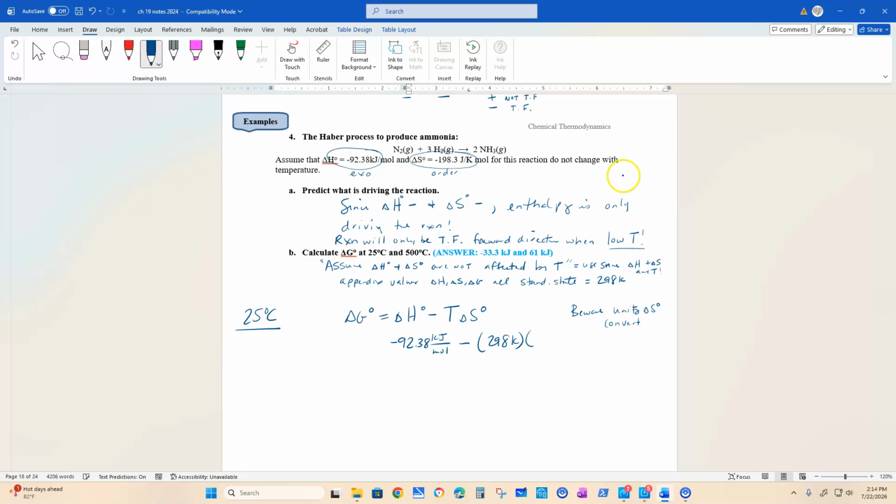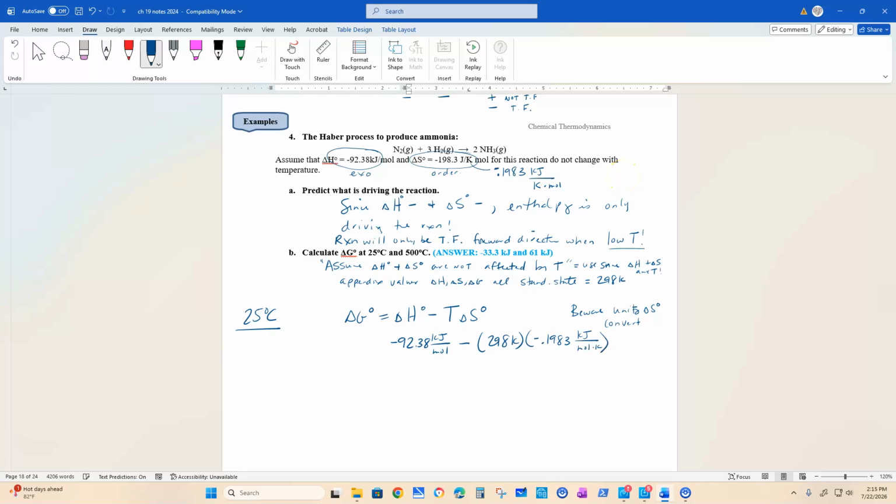We got to convert these joules into kilojoules. So negative 198.3 is going to become, and it's still negative, 0.1983 kilojoules over K times moles. Okay, so now I'm going to put that negative in there, negative 0.1983 kilojoules per mole times K.